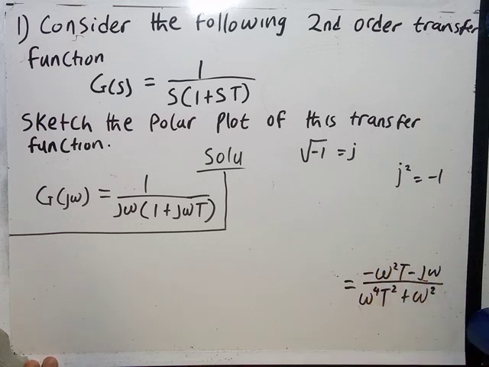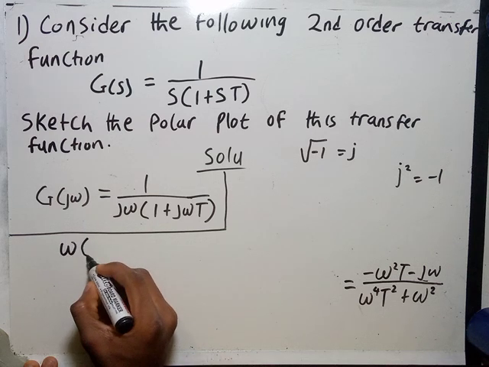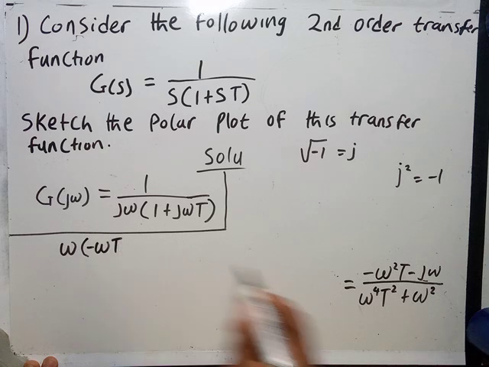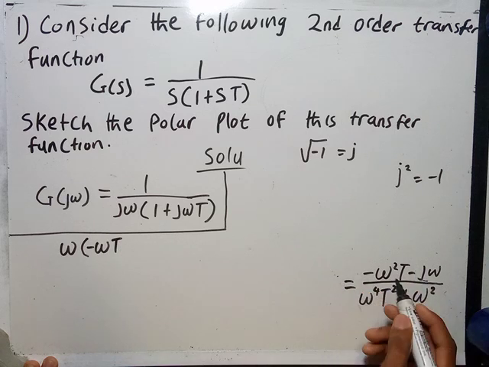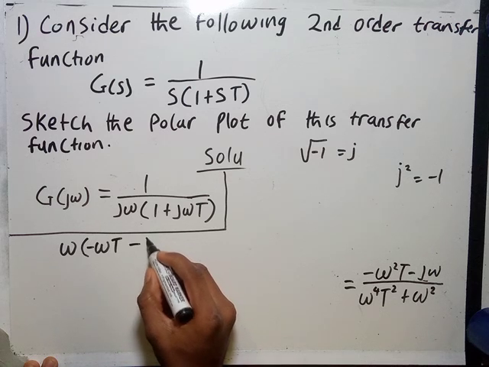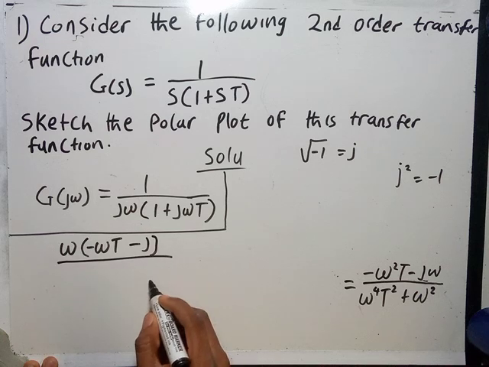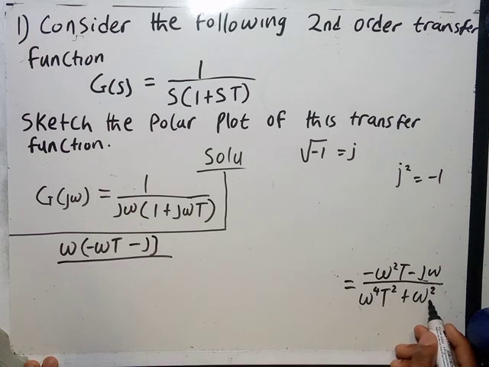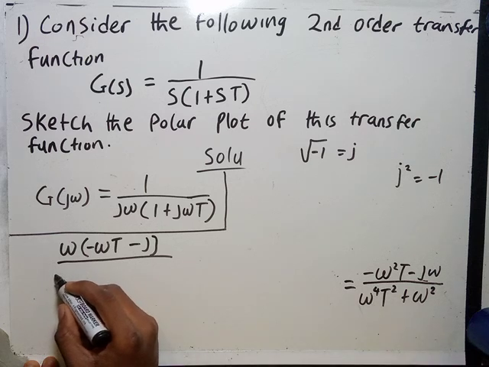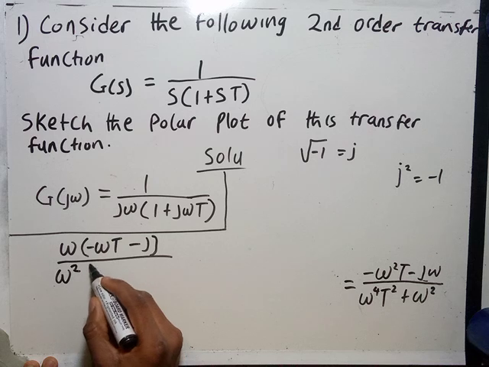So we can factor out ω in each of them. For the numerator, if you factor out only ω, we'll be having minus ωt. It's raised to power 2, so if you are removing it, only 1 will remain. Minus j, over ω squared is here, ω is here, so you can still say ω squared.